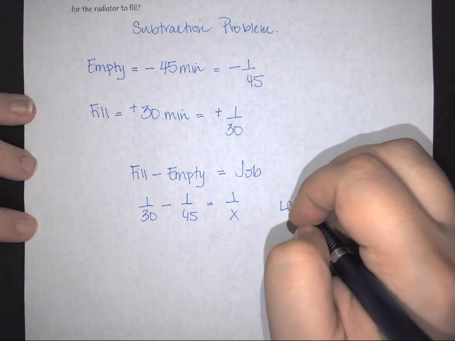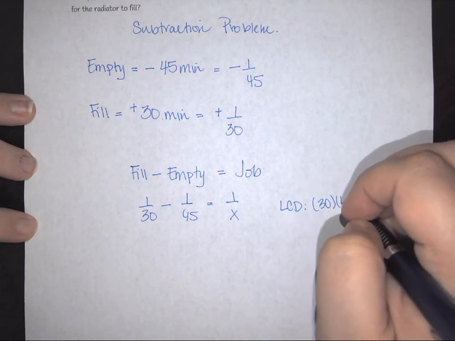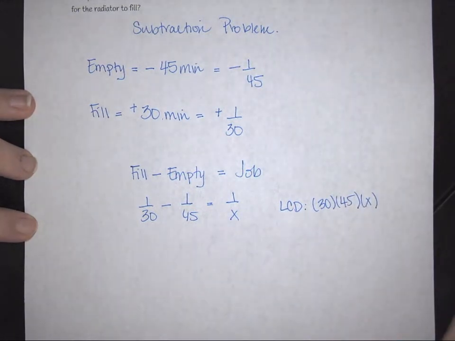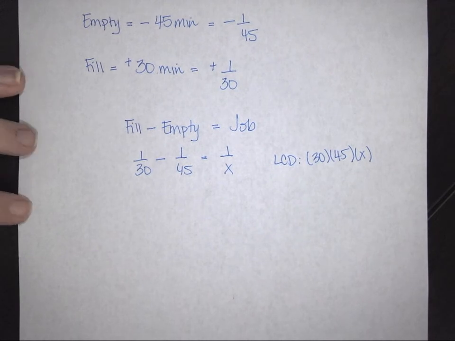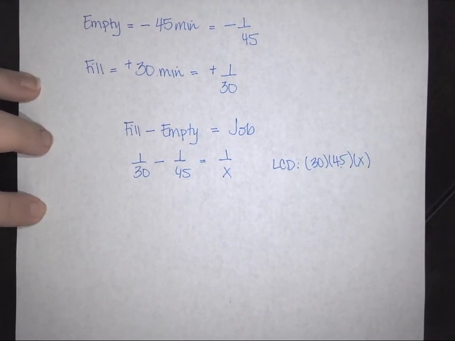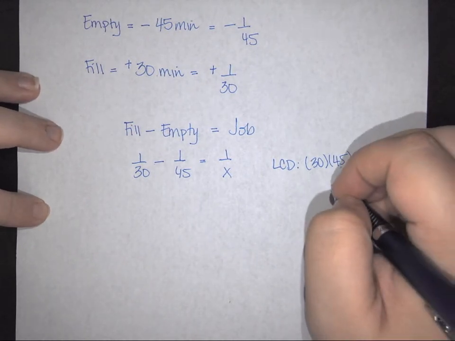Again, my least common denominator is going to be 30 times 45 times x. The other way we could look at your least common denominator is we can look at what is common between 30 and 45. And in this case, what would be common there is 90.